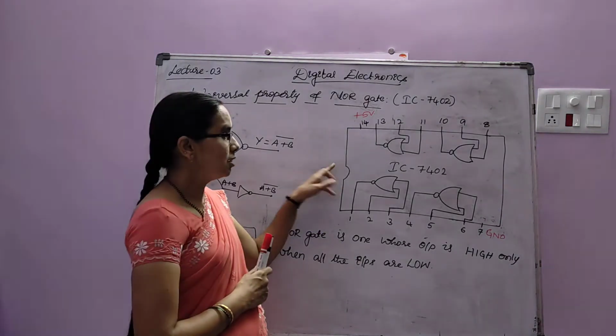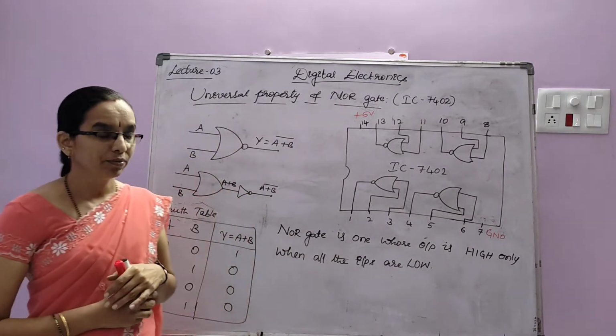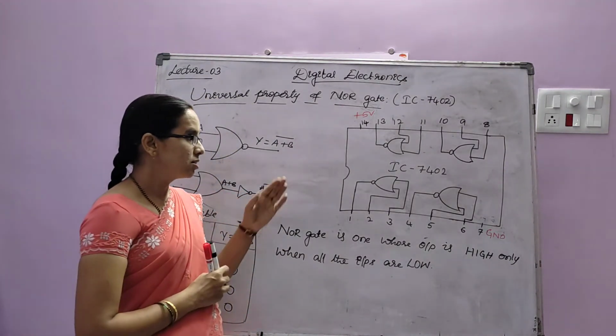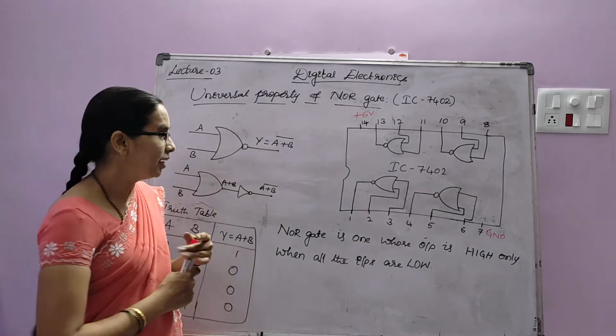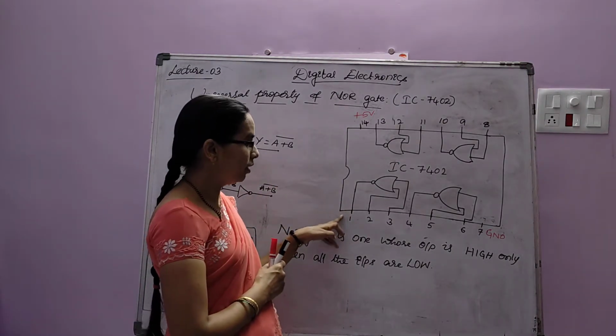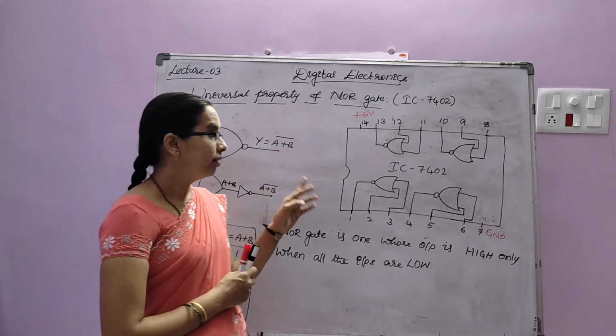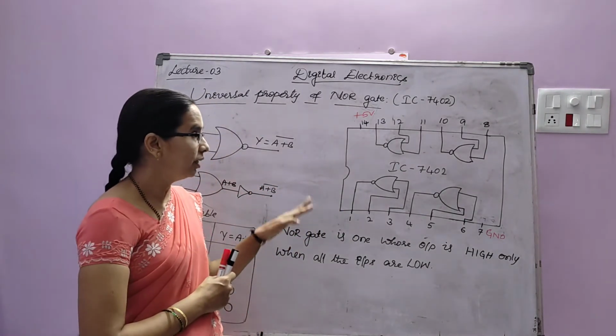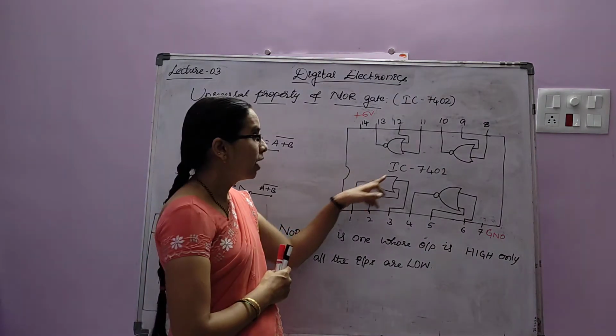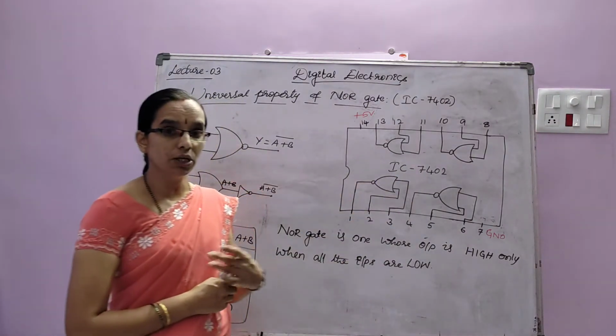Okay. This is the pin diagram of NOR gate. It is just opposite to NAND gate. You can observe here, pins 1 and 2 were the inputs in NAND gate and 3 was the output. Here in NOR gate, IC number is 7402.